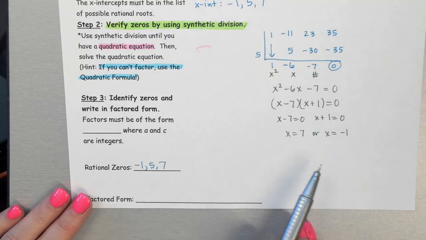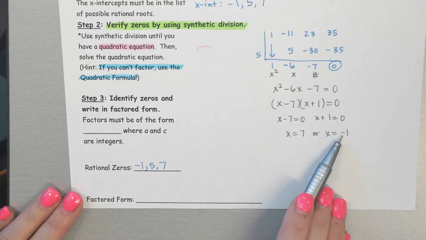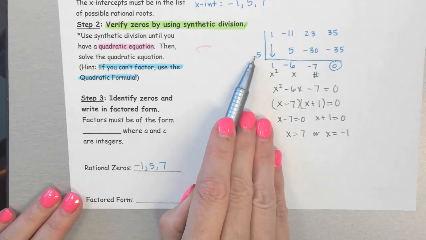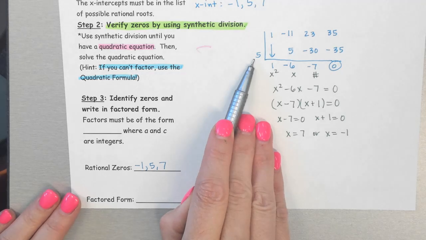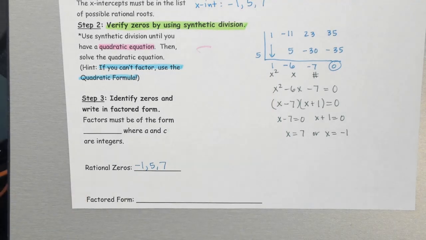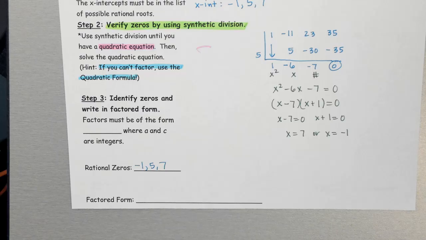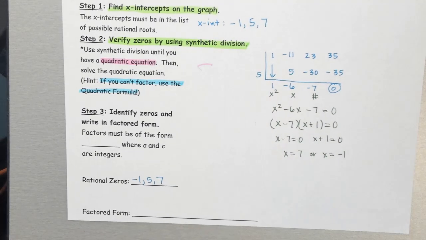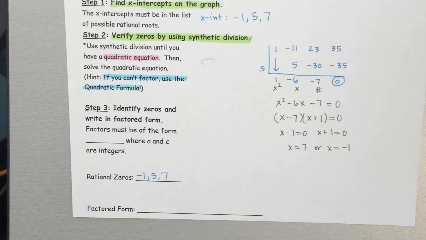Okay, so your zeros would be 7, -1, and 5. So this is a 0 as well. Again, for this one, they're all real zeros, right? So if they're real, they're going to be your x-intercepts. You found them all already.